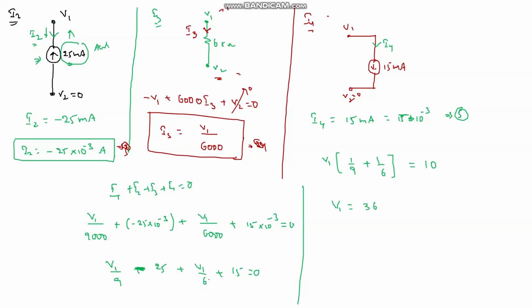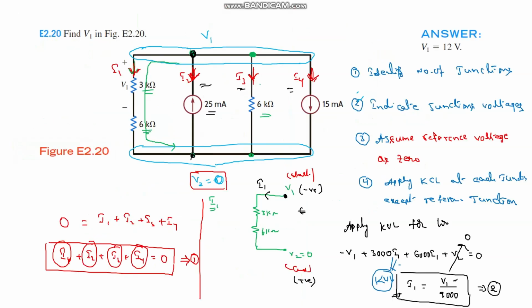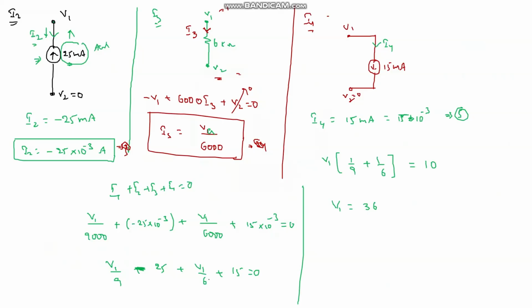Sorry, here junction one is VA, or VX, your wish, and junction two is VB. Don't get confused; all are VX only.